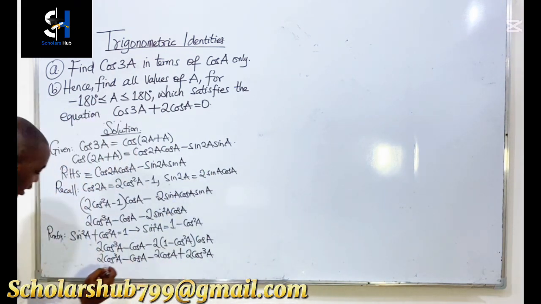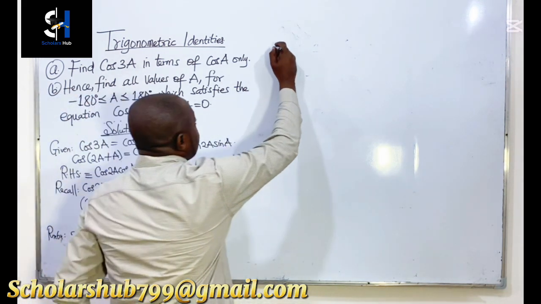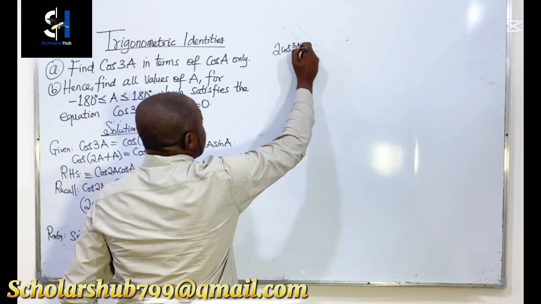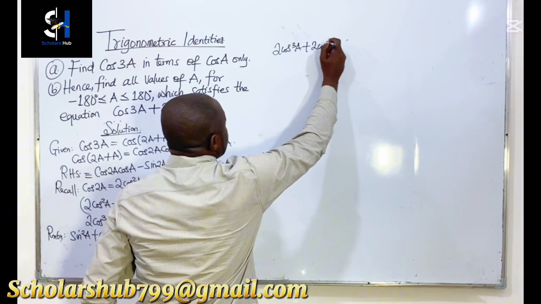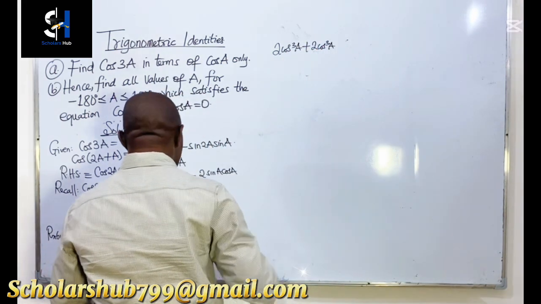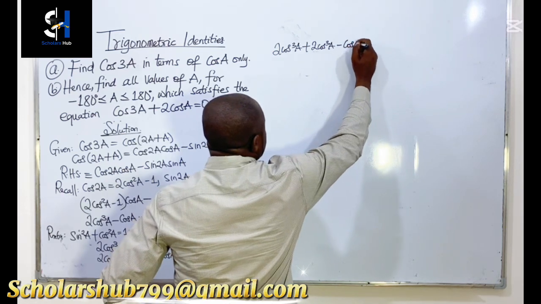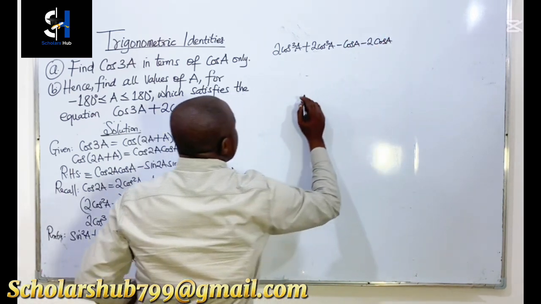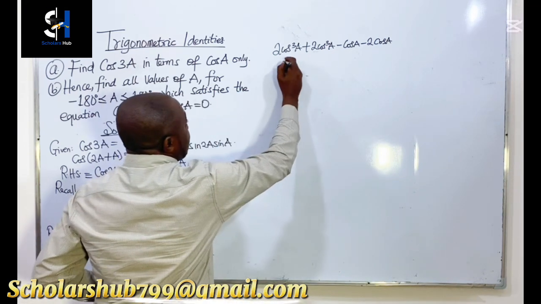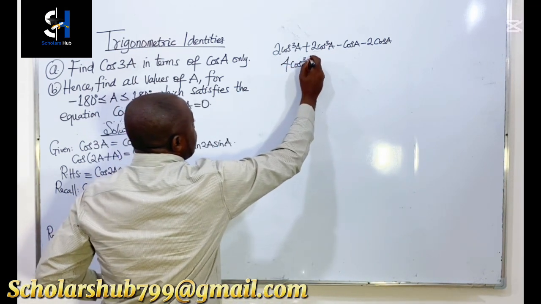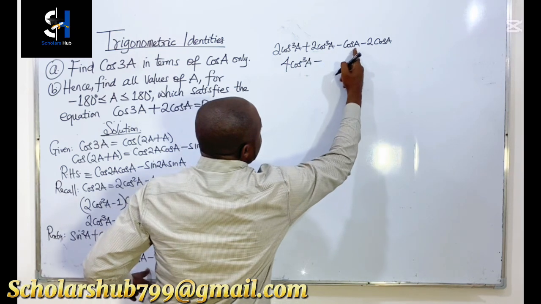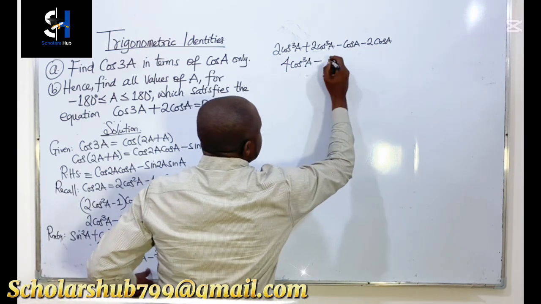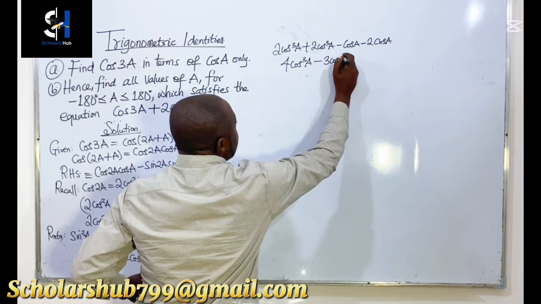So when we combine like terms, in this case, we have 2 cos³A plus 2 cos³A. Then we have negative cosA minus 2 cosA. When added together, this will be 4 cos³A, then negative 1 cosA minus 2 cosA, which will be negative 3 cosA.